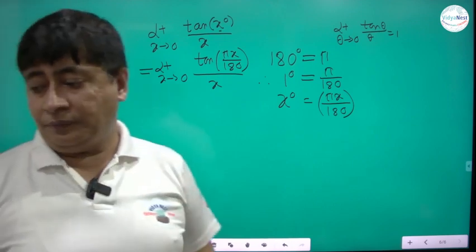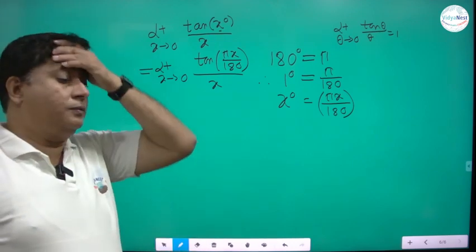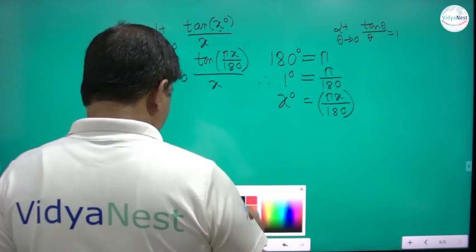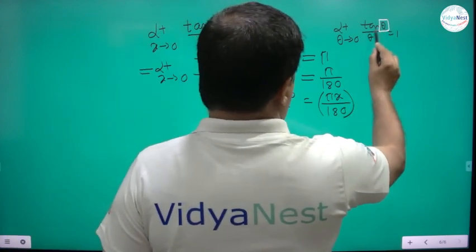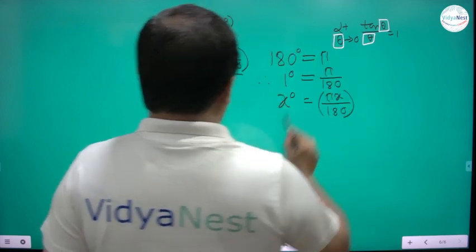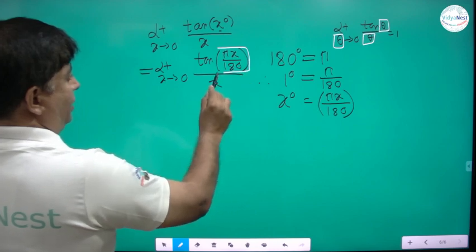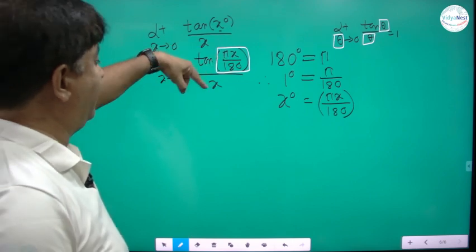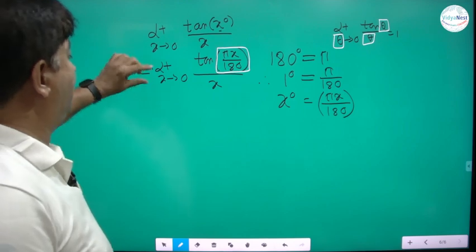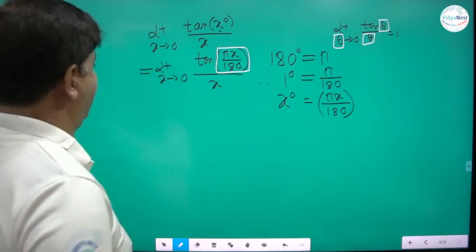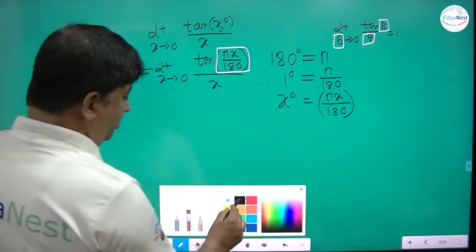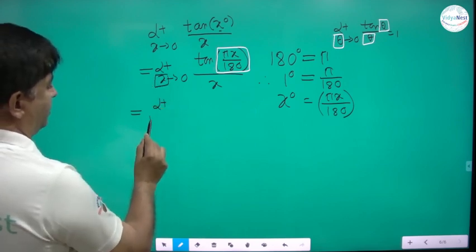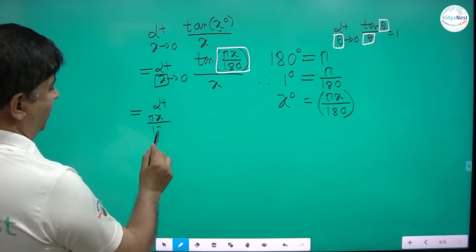Okay. Now, see here, this is theta, this is theta, this is theta. Here in place of theta we have this. So, in the denominator also we have to bring that term, and that x has to be changed in terms of that. So, you can do one thing, limit instead of x, if you wish, you can write pi x by 180 tends to 0.